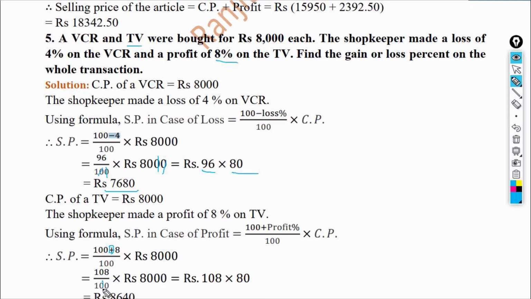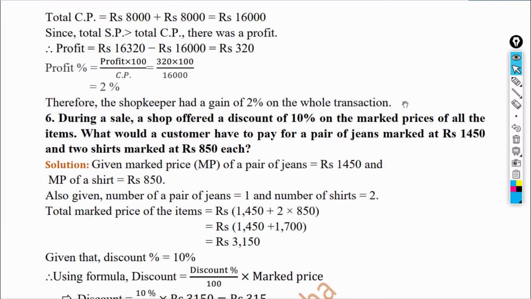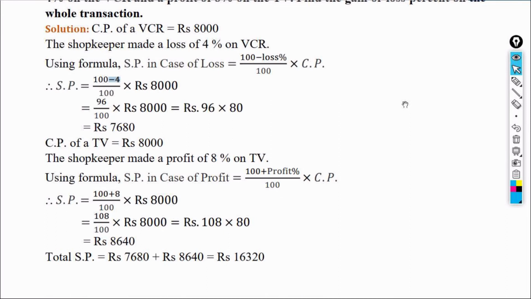Just cancel 2 zeros from the numerator and denominator, you will get 108 into 80. 108 into 80 is equal to rupees 8640.